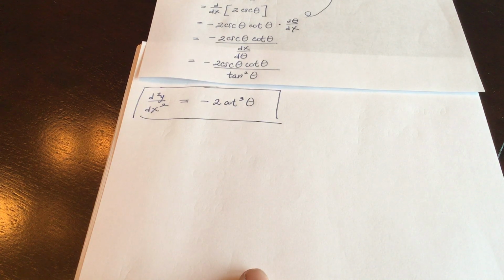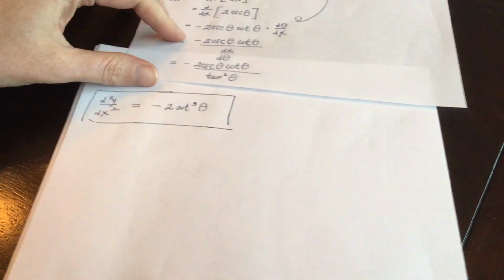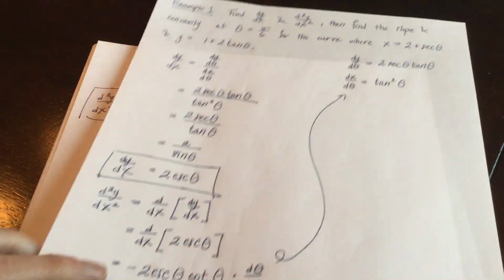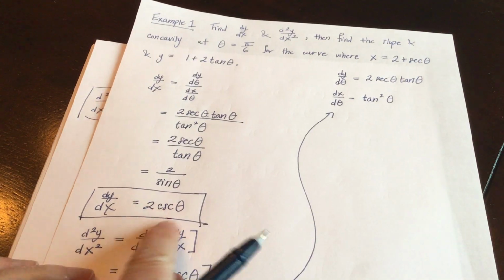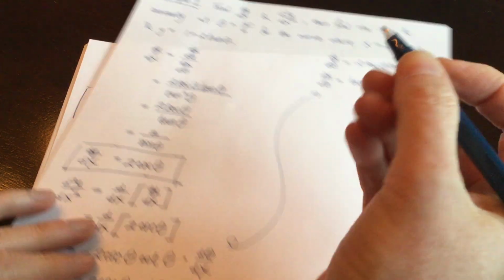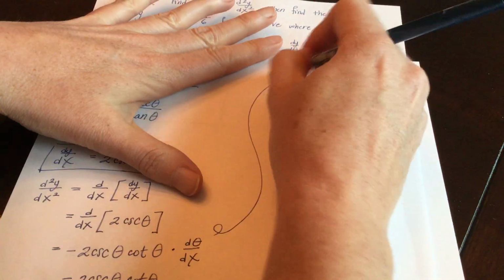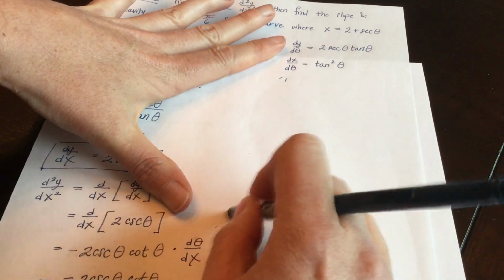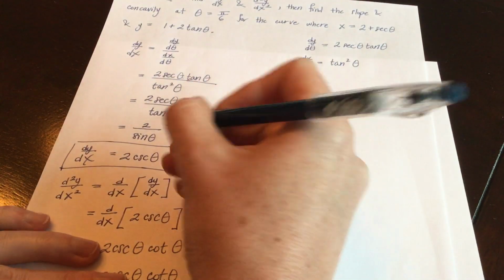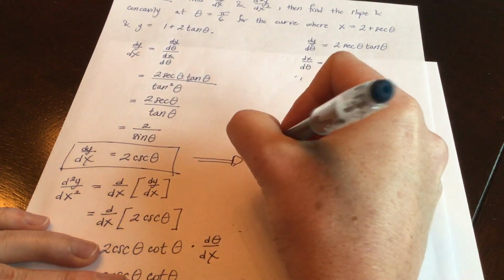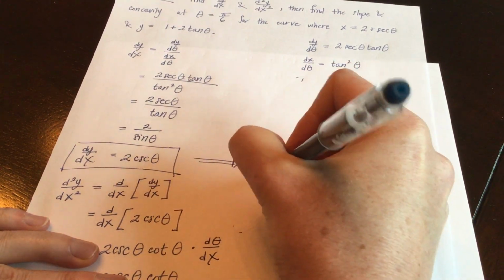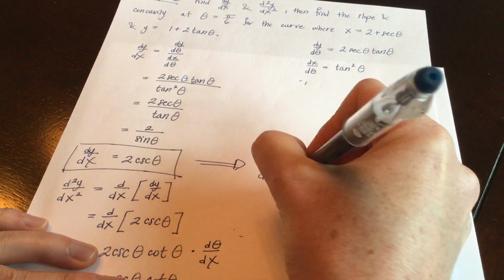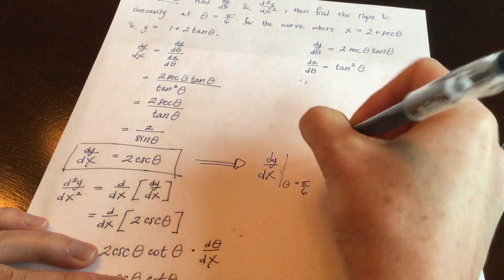Now the problem also asked for the slope at theta equals pi over 6. And so for that, you'd be going back here and just plugging in pi over 6. So then that would give us dy/dx at theta equaling pi over 6.